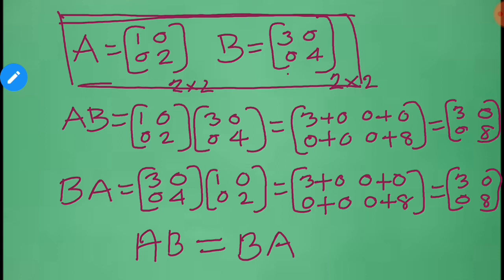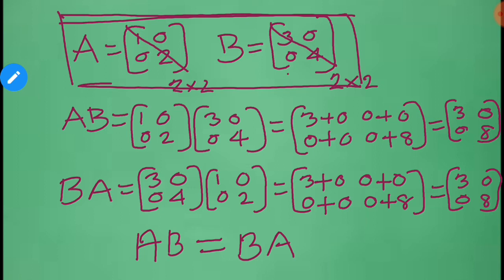We have studied diagonal matrices. Diagonal matrix means non-diagonal entries are 0. Here in 1 0 0 2, the non-diagonal entries are 0. Here also the diagonal entries are these, and non-diagonal entries are 0. So here A and B are diagonal matrices of the same order.